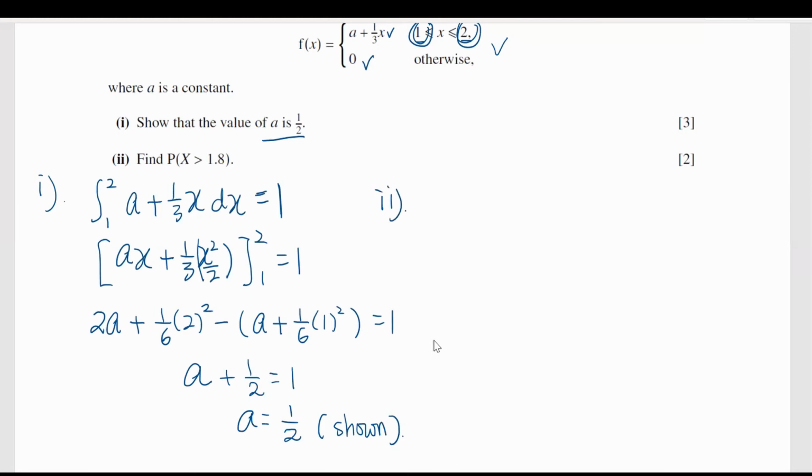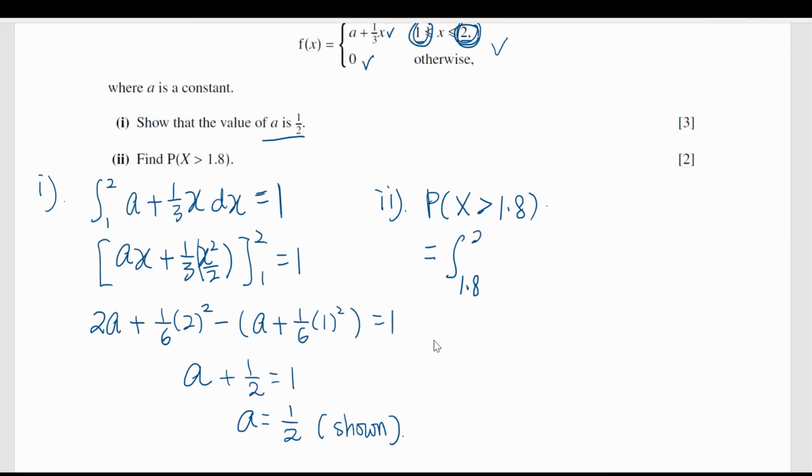Now we're answering part 2, to find the probability that x is greater than 1.8. So in order to find probability, what should we do? We are going to integrate. As this case is looking for x greater than 1.8, the limit will start from 1.8 until the upper limit, which is 2.